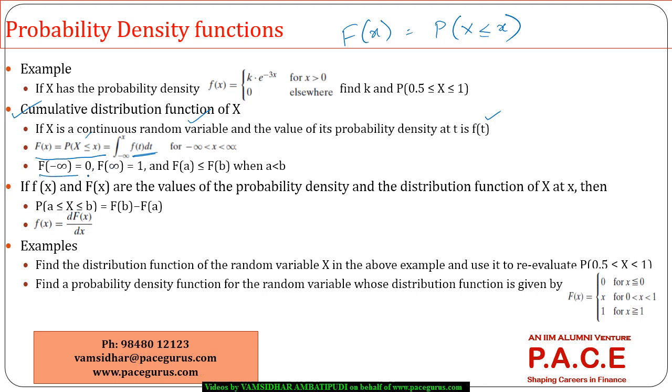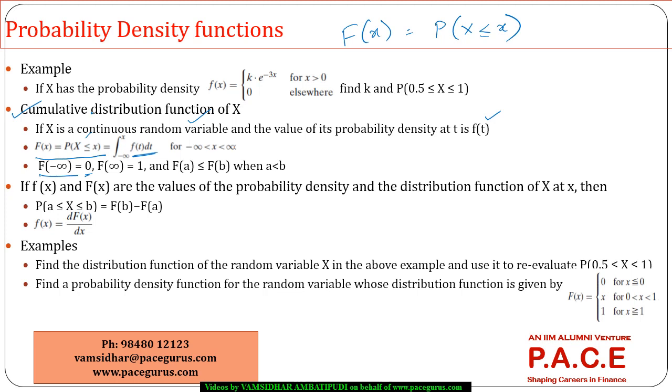And here also the same set of rules are applicable. F of minus infinity will be 0 because probability of X less than or equal to minus infinity cannot exist, so it would be 0. The cumulative distribution function of plus infinity is always 1, because probability of X less than or equal to infinity covers all possible values.